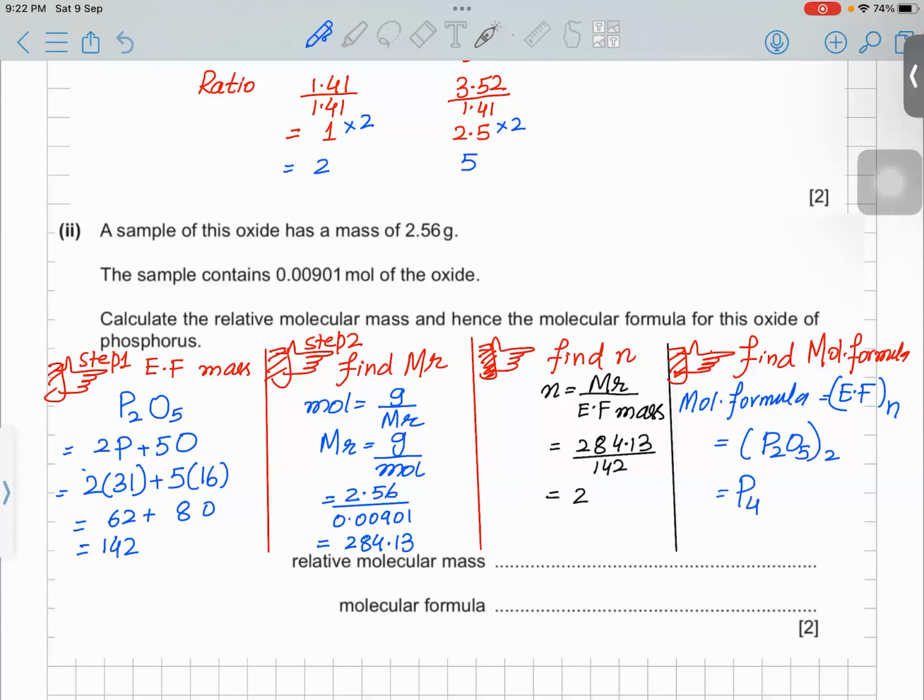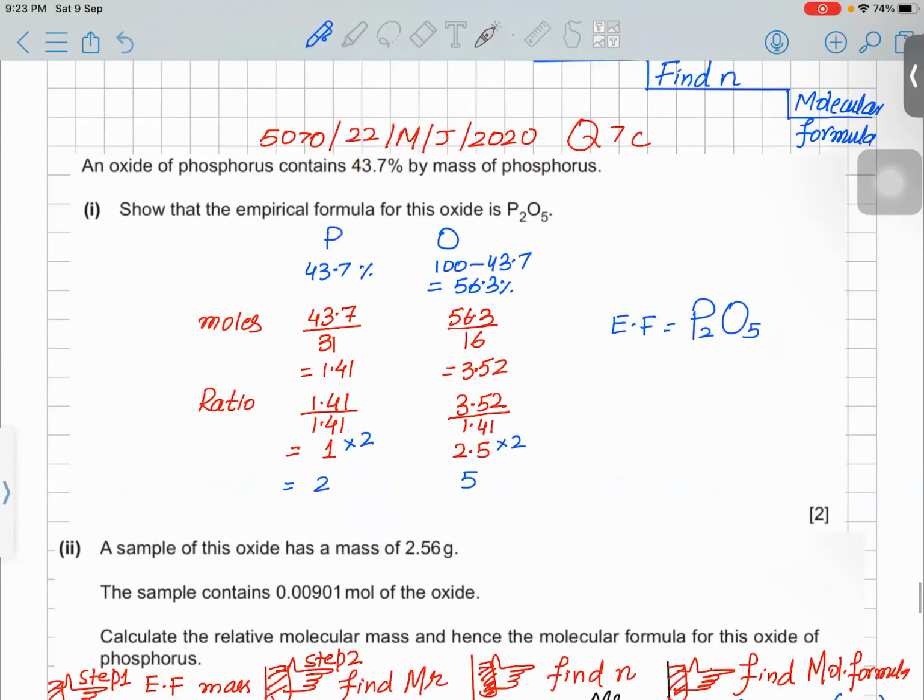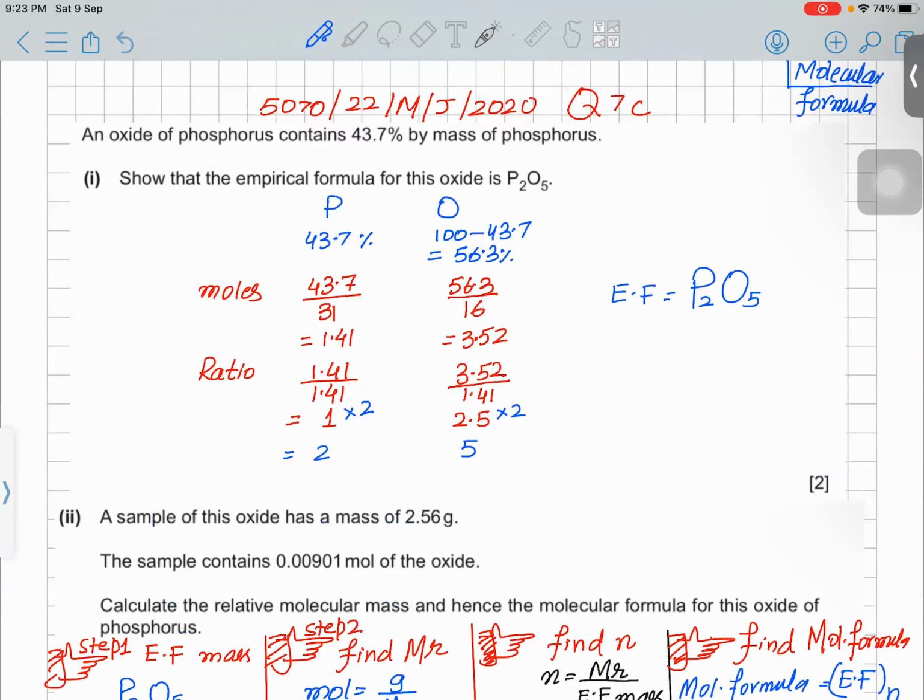So the answer is P4O10. So relative molecular mass is 284.13. Molecular formula is P4O10. Now can you find the answer from Google? Can you check the answer? It's 2020 May June.